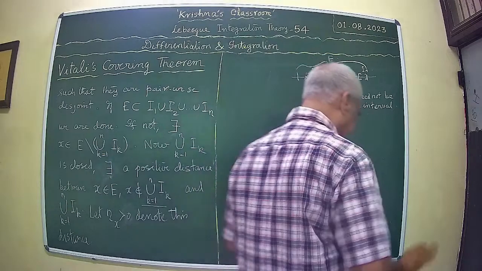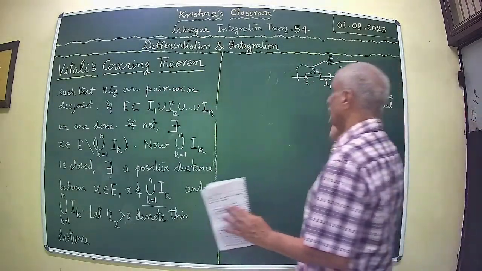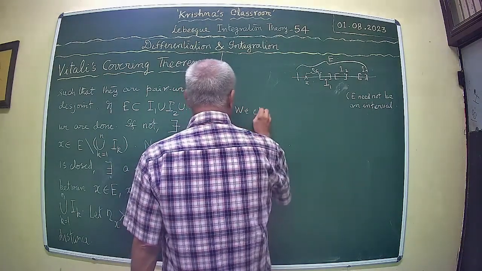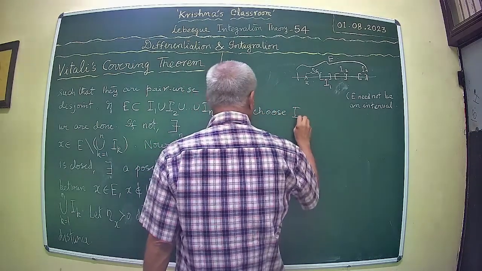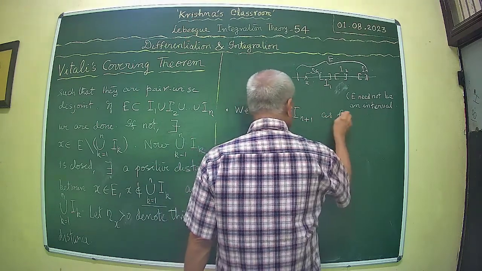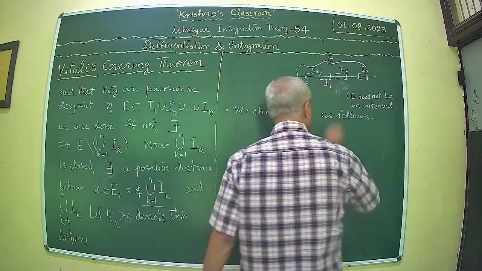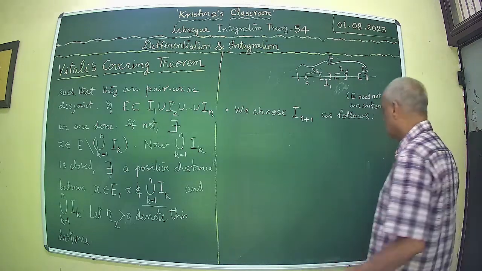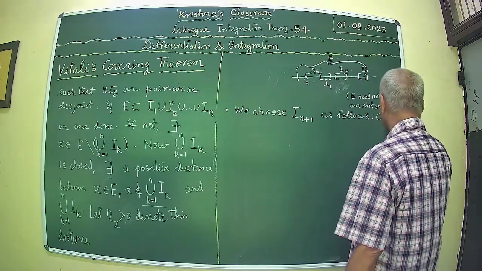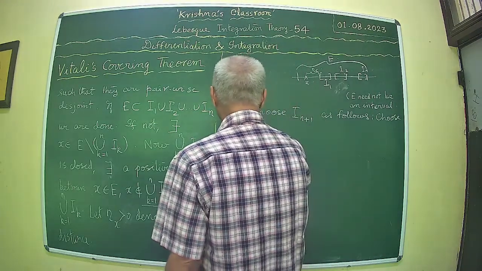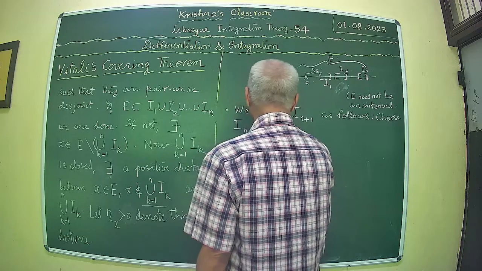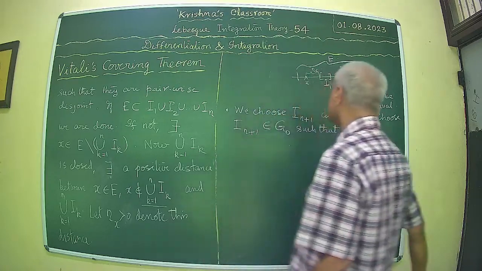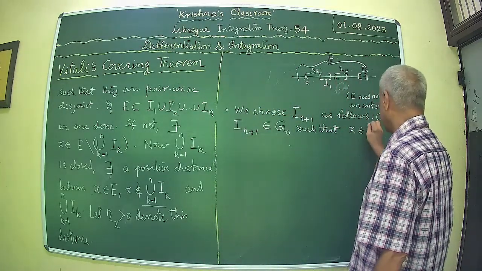Now we describe how we are going to choose IN plus 1 as follows. Choose IN plus 1 belonging to G naught such that x belongs to IN plus 1.